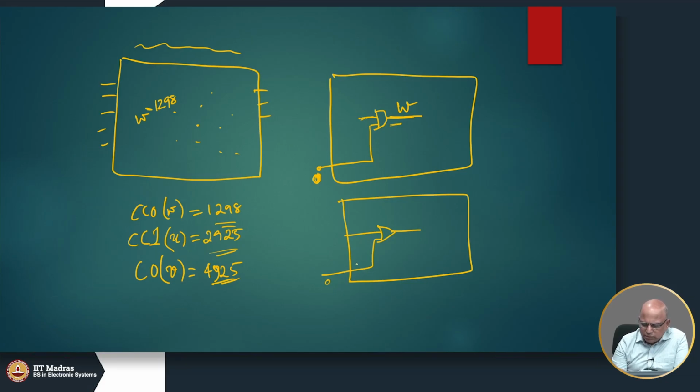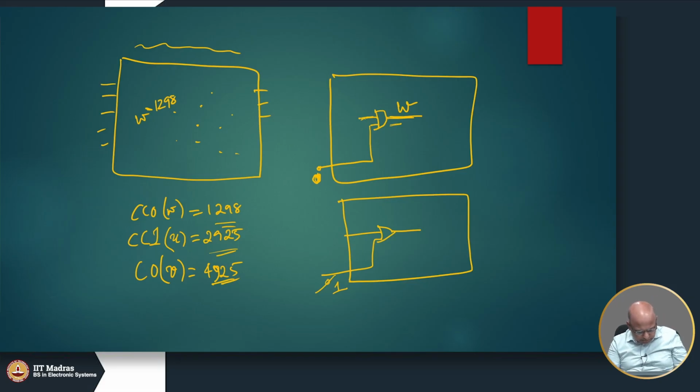But during testing, if I want to control this line to 1, just make this 1. Because remember, during testing we do not care about the functionality of the circuit, we want to somehow address the stuck-at faults. So, we are not really interested in the functionality of the circuit so much.